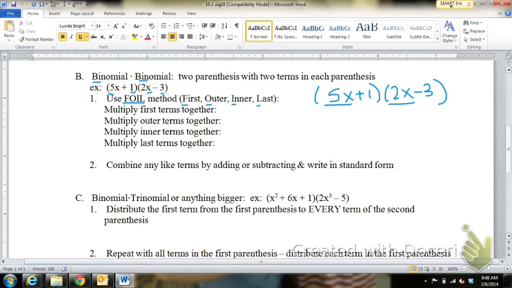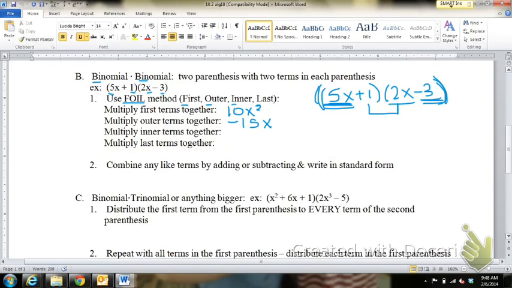So 5x times 2x is 10x squared. O stands for outer. So the outer ones would be the 5x and the -3. Okay, because they're on the outside of the whole problem. Like this is the whole problem, so they're on the outside. So 5 times -3 is -15, and bring along the x.